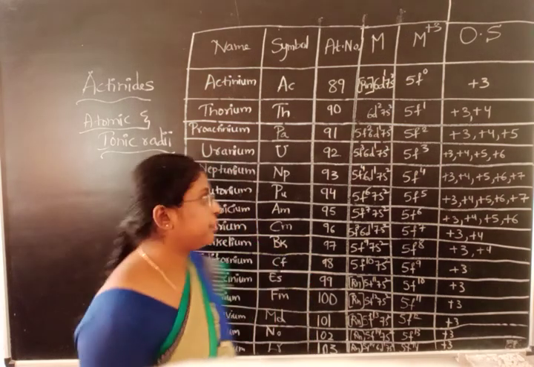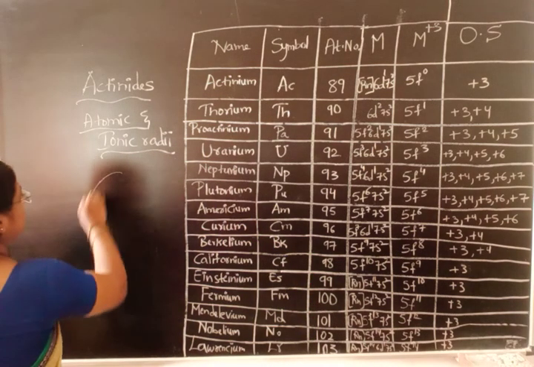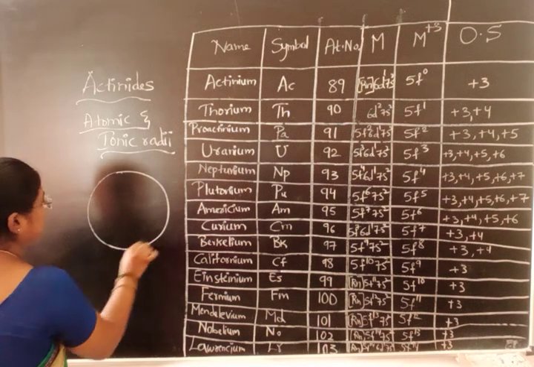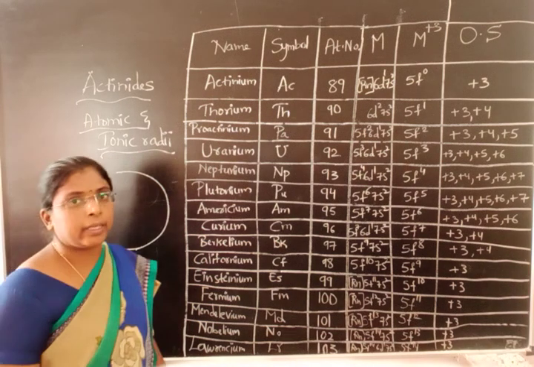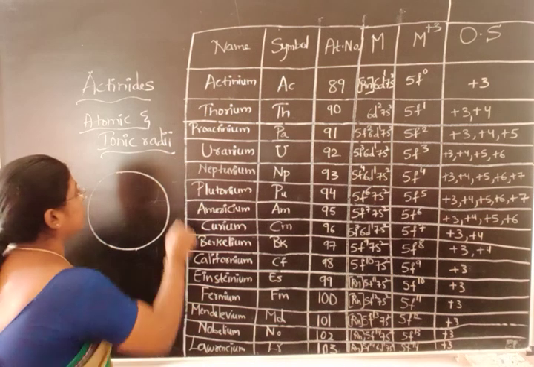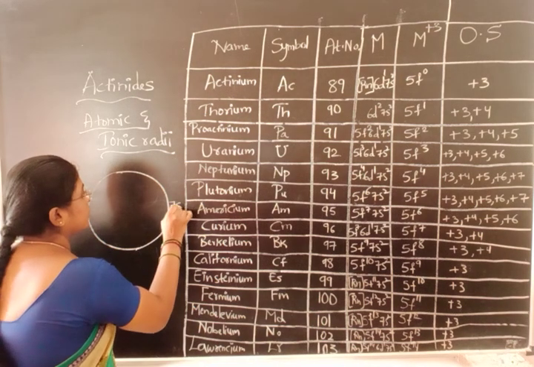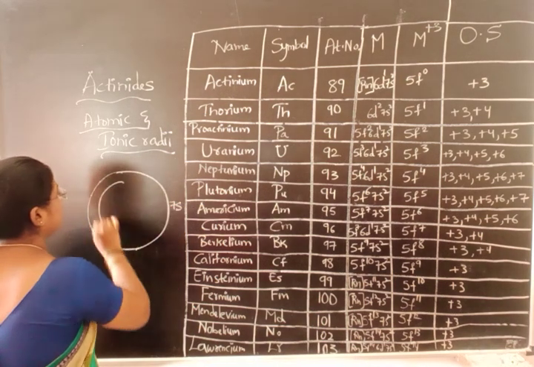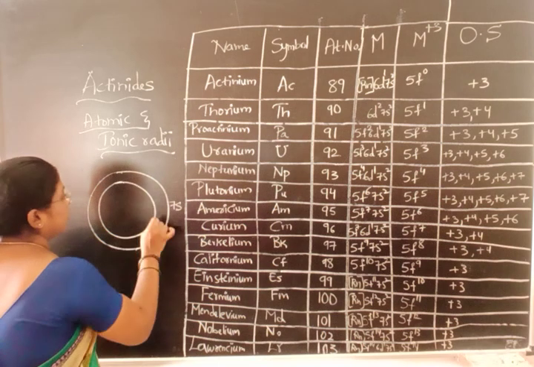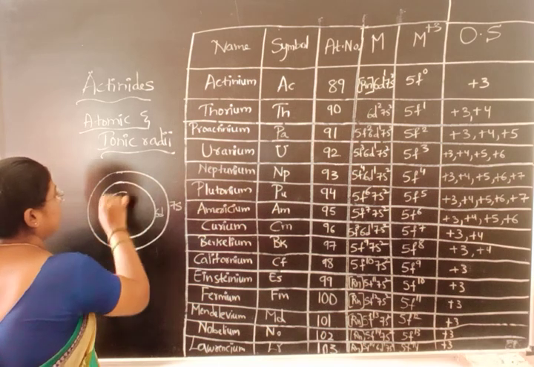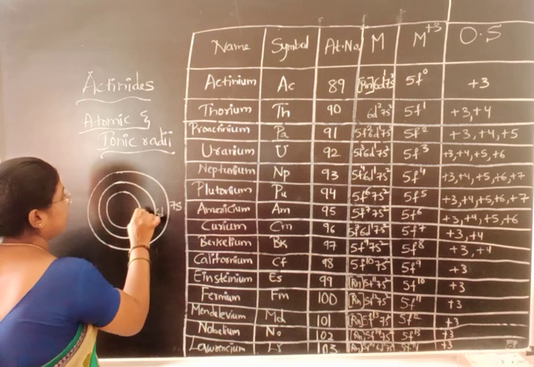Let us see. The outer shell is known as the valence shell. In the actinide elements, the outermost is the 7s subshell. After 7s, next comes the 6d subshell. Innermost is the 5f subshell.